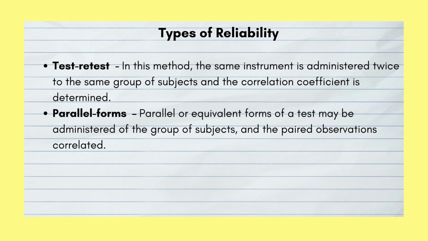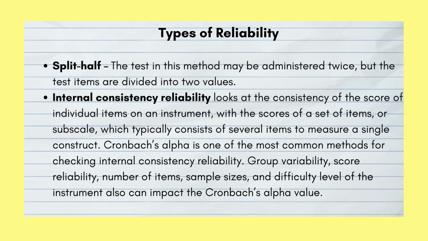Parallel or equivalent forms of a test may be administered to the group of subjects and the paired observations correlated. Split half. The test in this method may be administered twice, but the test items are divided into two halves.